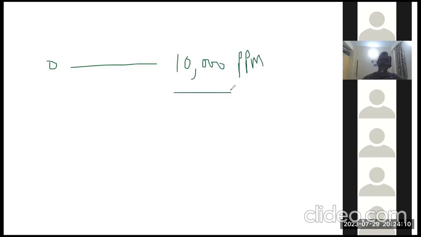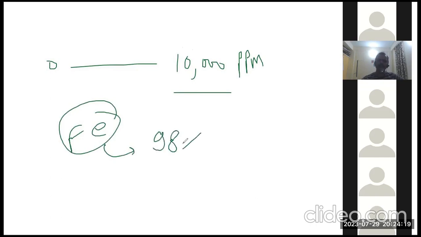Suppose you have an iron block, and it is 98% iron, for example. And if you are going to dissolve this sample in acid or aqueous or whatever, you will not be able to measure iron by this instrument, which has only a limit of 0 to 1,000 ppm. Then what will you do?